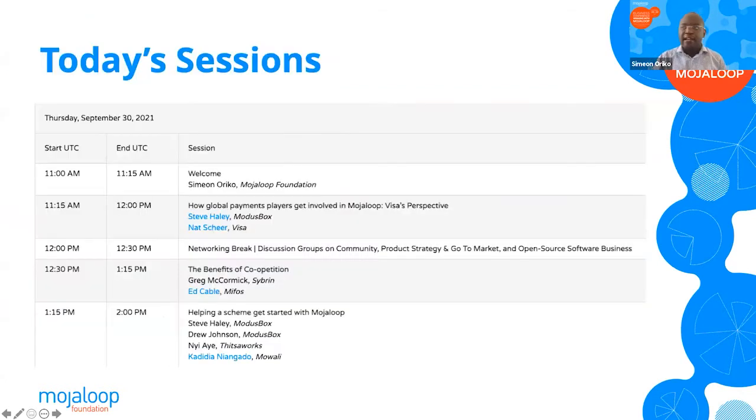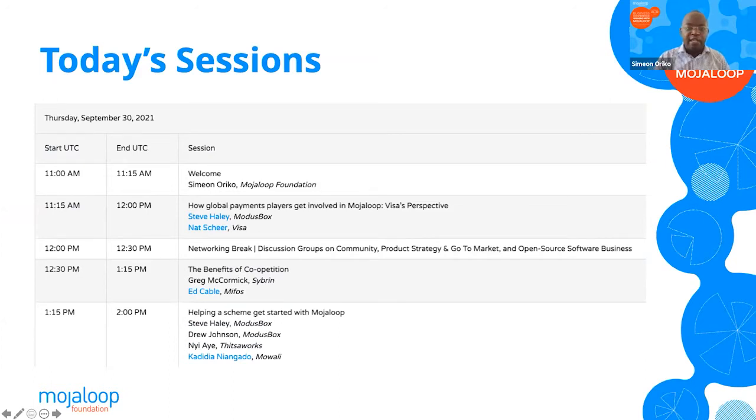Today's sessions, we begin this morning with Steve Haley and Nat Scheer talking about how global payment players get involved in Mojaloop, with a specific perspective from Visa, which would be very exciting for most of us.